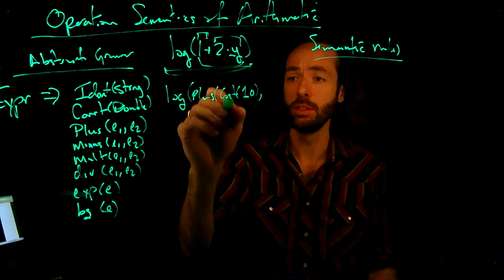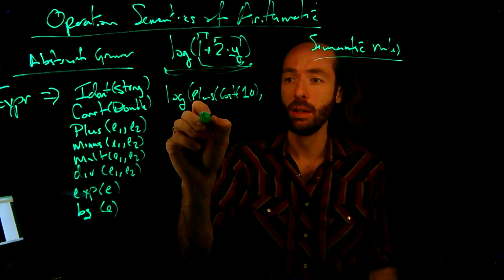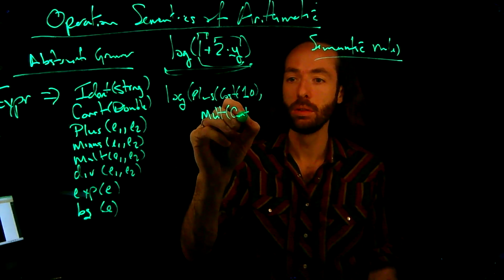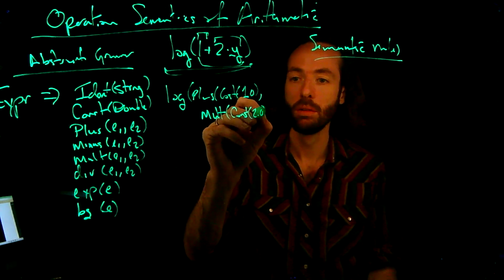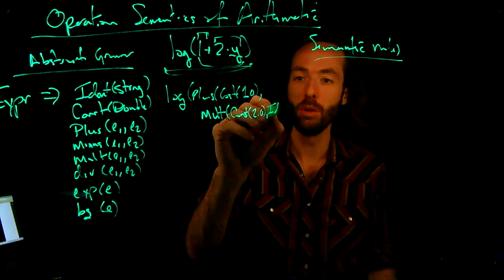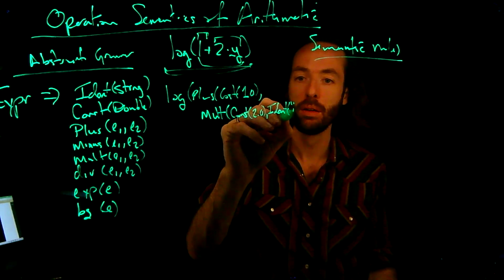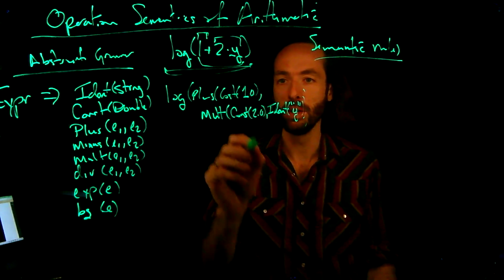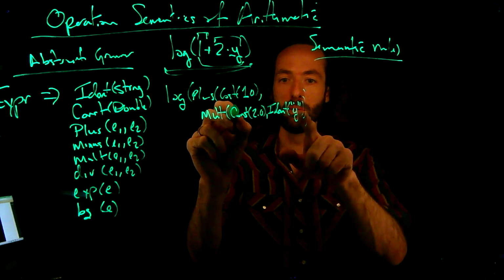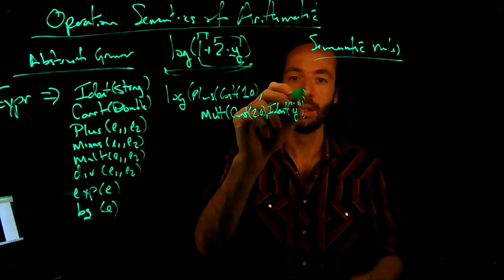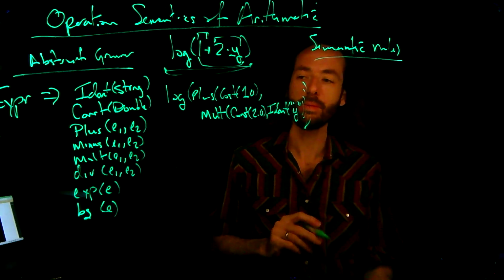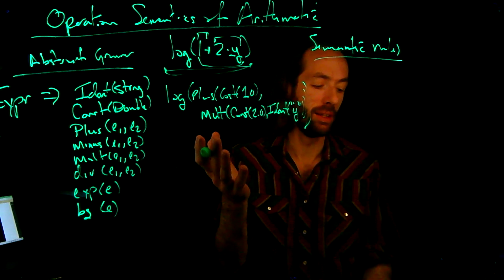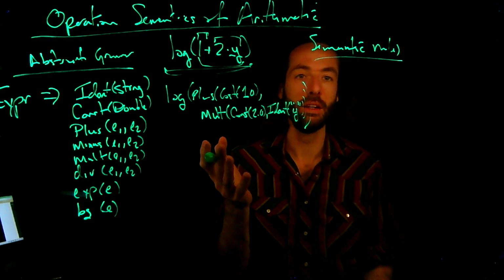We're adding 1 to 2 times y, so we need a mult of const of 2 and ident of y, and then a bunch of closed parentheses. Is that enough? Got ident, mult, plus, log. Right, so this is what we want our evaluator to be able to understand and eventually return an actual number for it.